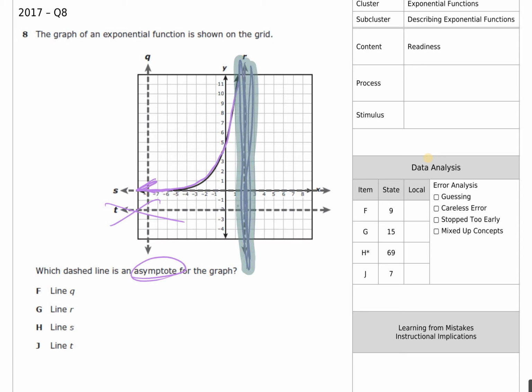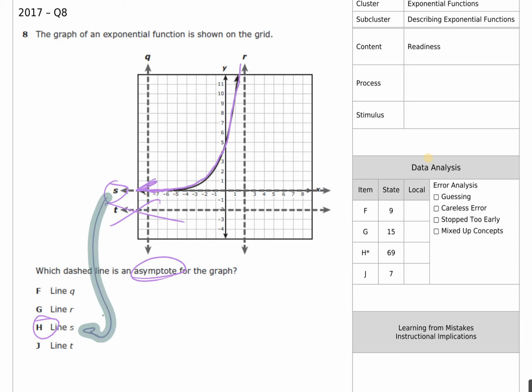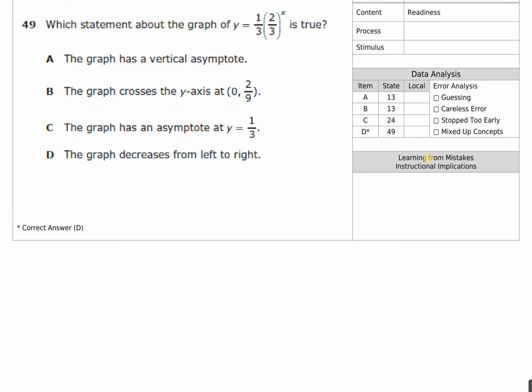We won't have vertical asymptotes in Algebra 1, plus this arrow is going to the right. It will cross that line. It's certainly not Q, because it absolutely is crossed by Q. The answer for this would be line S, which is H. The asymptote would be the line that it approaches but never touches.